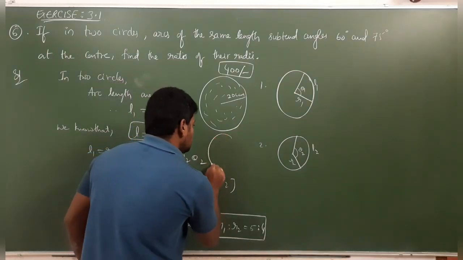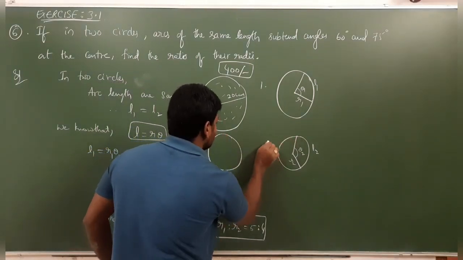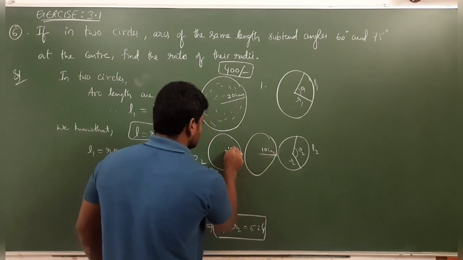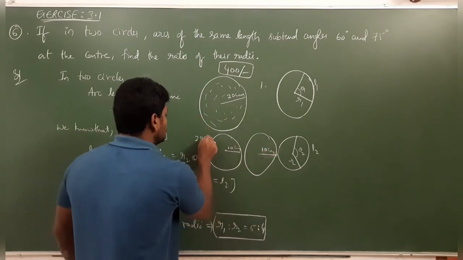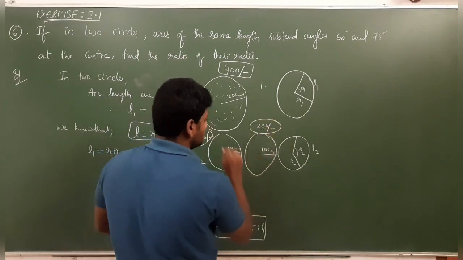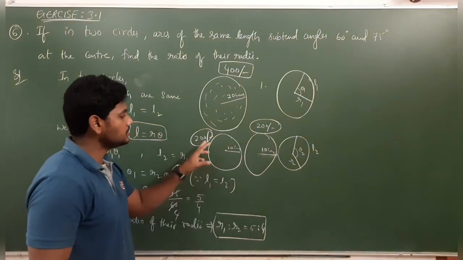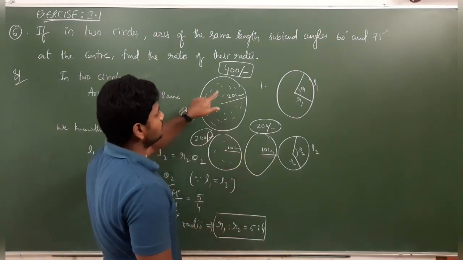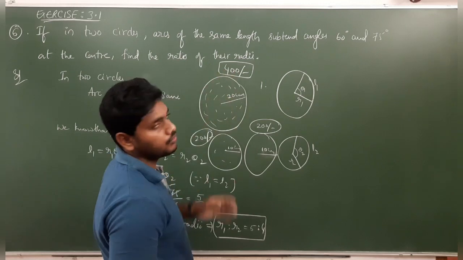Again, pizzas with radius 10 centimeters, that rate is 200 rupees. Each costs 200 rupees, with pizzas of 10 centimeters. If pizza with 20 centimeters, it is 400.